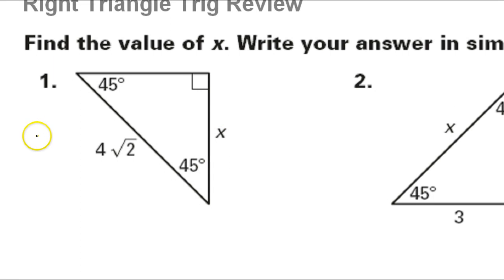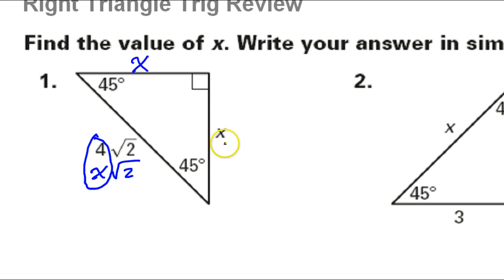Now look at problem number 1. We are not given the legs. We are told that the length of this leg is x. So whatever that is, we know that the other leg is also going to be x. But we also know that then the hypotenuse will be x radical 2. Comparing these to each other, x must equal 4.